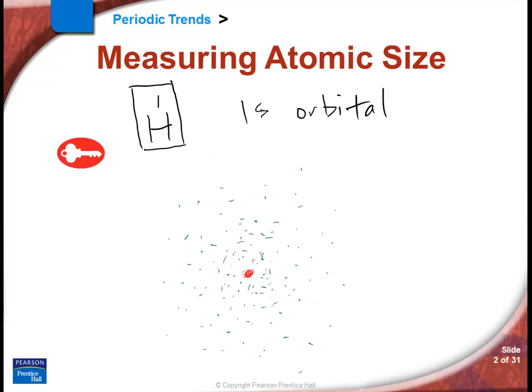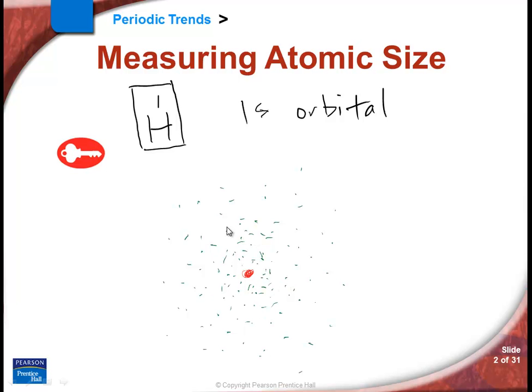Okay, so first, just to connect this to something that we talked about in the last unit on electrons and atoms, let's consider a hydrogen atom. Let's just start with the very simplest element. The little red dot here represents the nucleus, which in the case of hydrogen is just a proton.